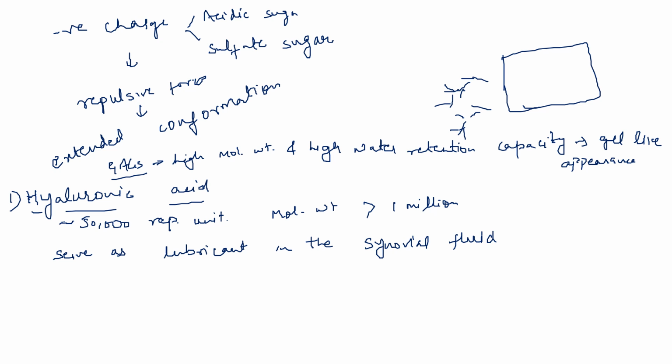Synovial fluid. It is also an important component of the ECM of cartilage and tendons. It gives the vitreous humor, which is present in the eye behind the lens, its jelly-like consistency.